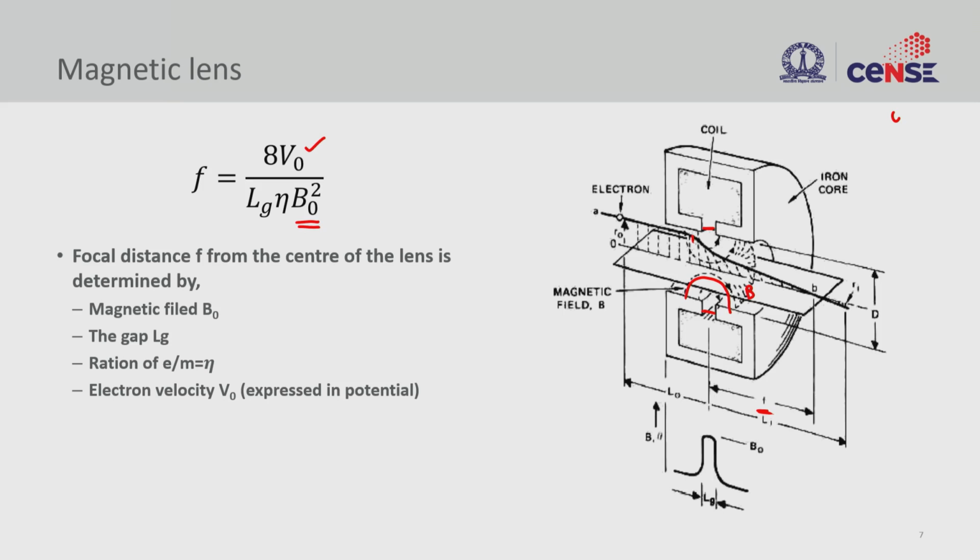That also depends on the size of the lens. This gap is the one that creates this field, and basically determines the lens or the interaction length and so on. And of course your field to particle mass ratio is also very important. That is again a factor here, which remains constant to a large extent.